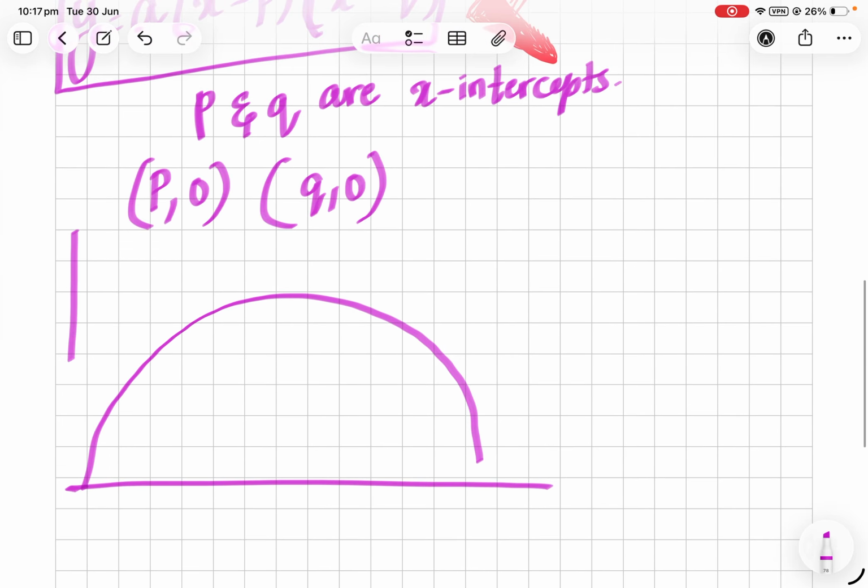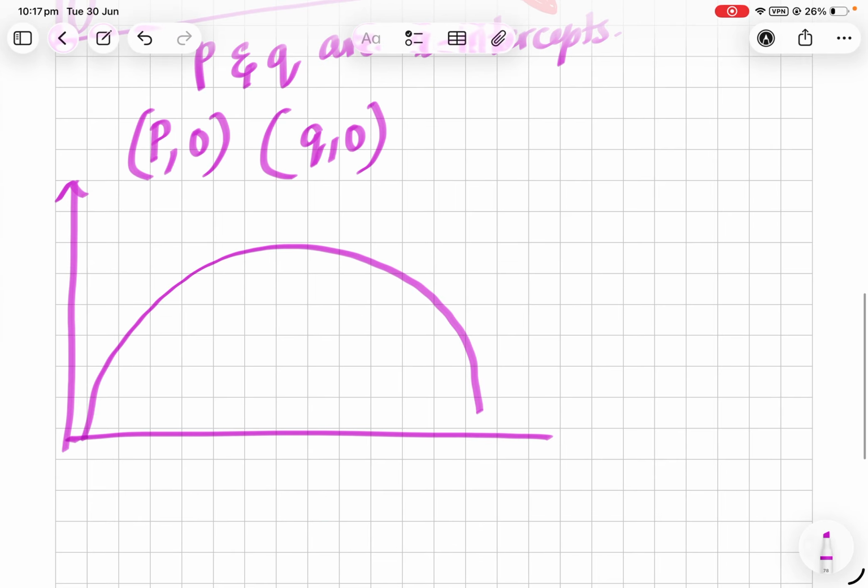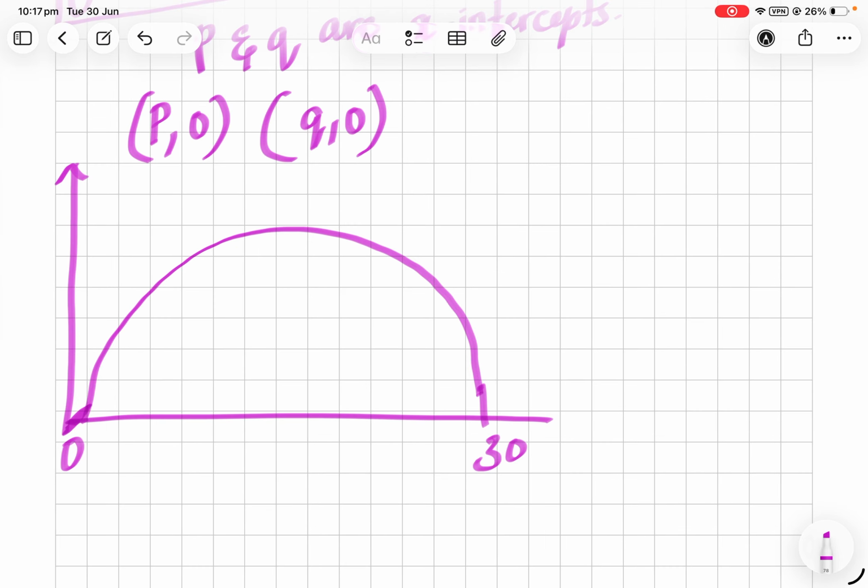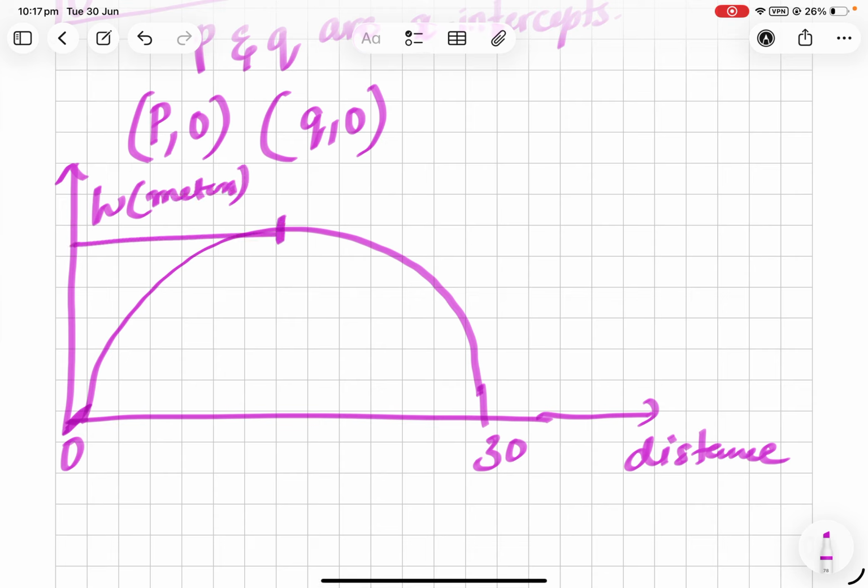There are a few things happening here from what I just said. It's starting at 0 and the distance has to be 30. So here we are writing on the x-axis our distance, and this is going to be our height in meters, and they want to clear a height of 2.4 meters, and they have to travel a distance of 30 meters.